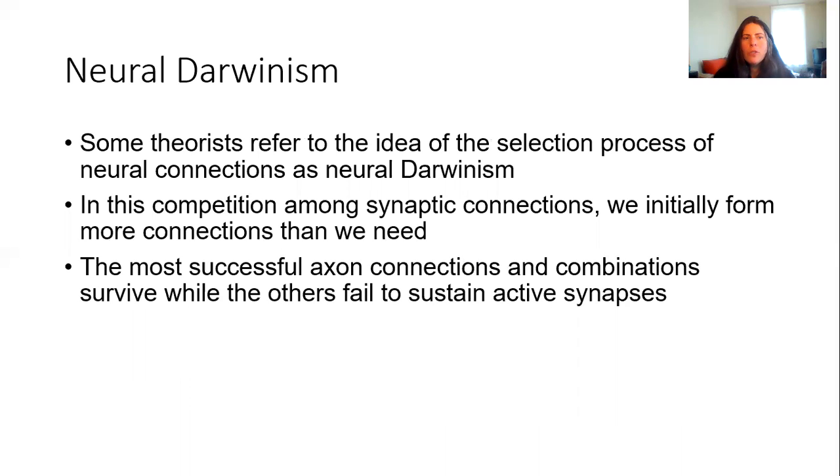Some theorists call this neural Darwinism, this selection process of neural connections. Again, it's this competition among synaptic connections. Early in development, we initially form more connections than we need, and the most successful connections and combinations are going to survive, while the others fail to sustain active synapses.